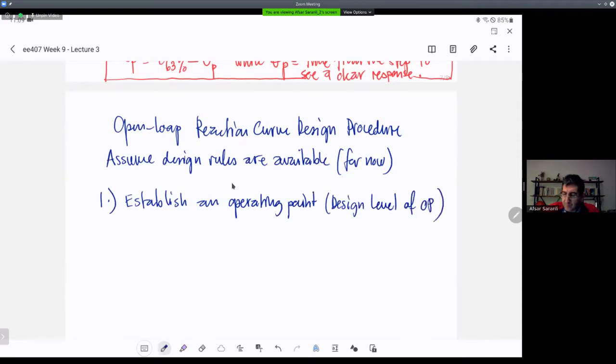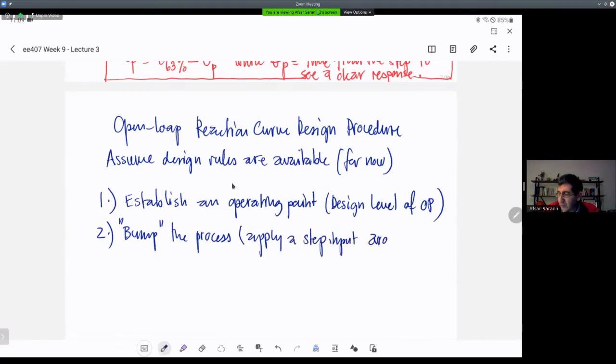The second is that you bump, which is kind of the jargon. You bump the process, meaning that you apply a step input around the operating point and collect response data.